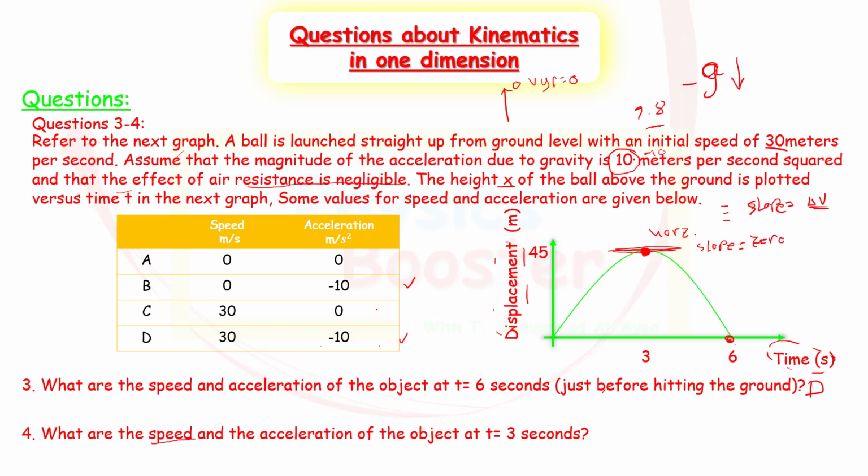Whenever you see a horizontal line, you know that the slope is equal to 0 because y2 minus y1 is going to be equal to 0 because it has the same y value. If we take this point here and this point here, it will have the same y value, so the slope will be equal to 0. So I can say, since the slope is equal to 0, this means that the velocity is equal to 0, so I can go with choice B.